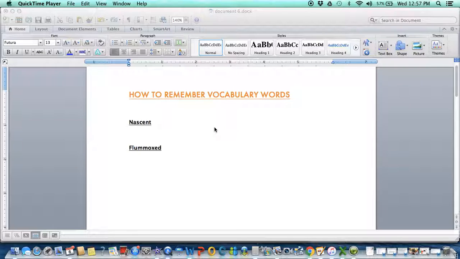So instead of just shoveling the word into your short-term memory until your test that's happening later on today or at the end of the week, and then promptly dropping the word and its meaning out of your life and your brain forever after that time. So we want to really focus on lifelong learning here, and I think this is a way to help you do that in your vocabulary.